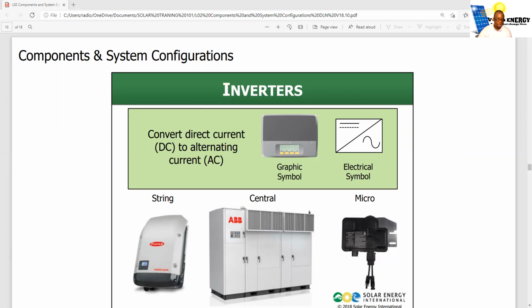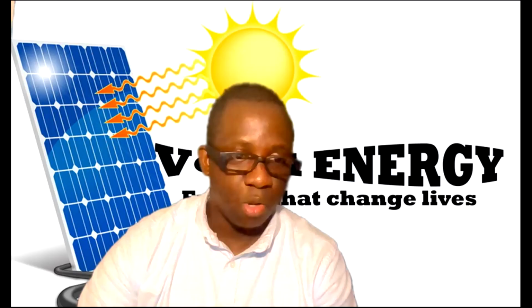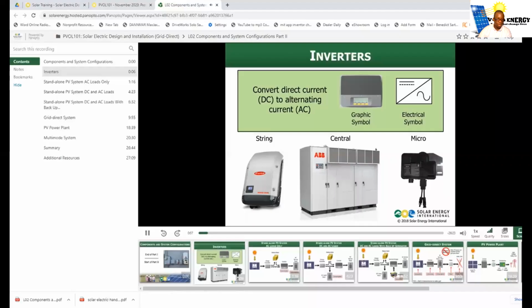Let's go to my slide. Right. Inverter. Inverters play a very, very major role when it comes to a PV system.